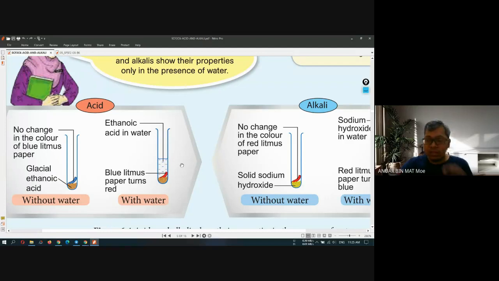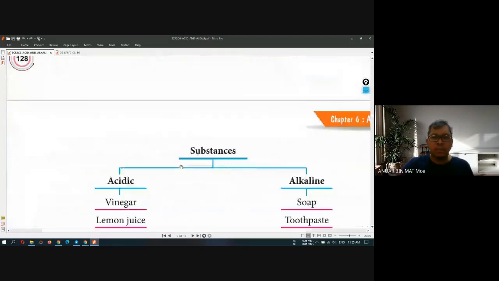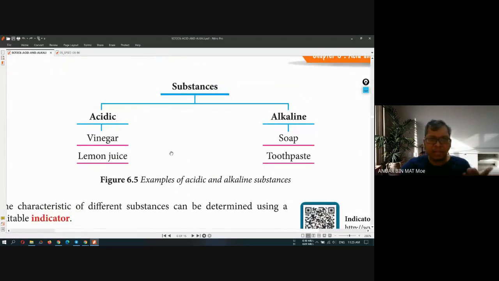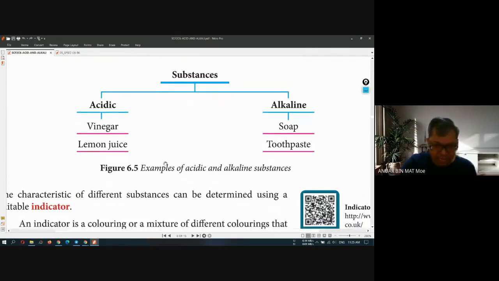When there is water, we can see whether the chemical substance is acidic or alkaline. Number three, examples of substances: acidic, vinegar, lemon juice; alkaline, soap, and toothpaste, usually alkaline.